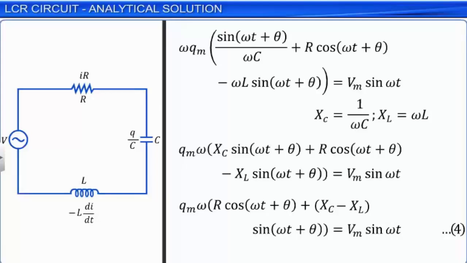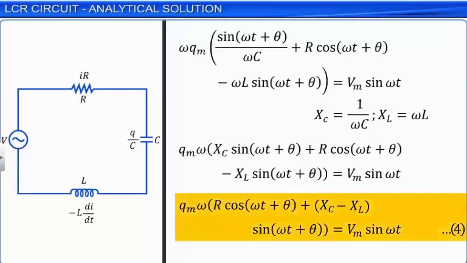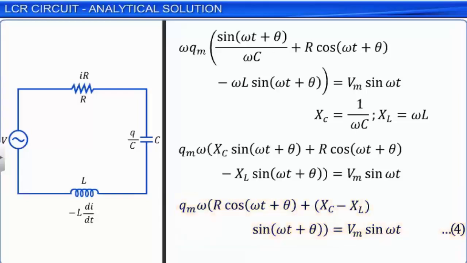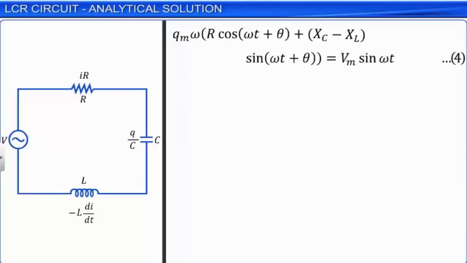Similar to resistance in a DC circuit, we introduce a quantity called impedance in AC circuits, denoted by Z. Here, Z is the impedance of the LCR series AC circuit and is expressed as Z equal to under root of R square plus (XC minus XL) square. In equation 4, multiplying and dividing the left-hand side by the impedance of the circuit Z, we get equation 5.